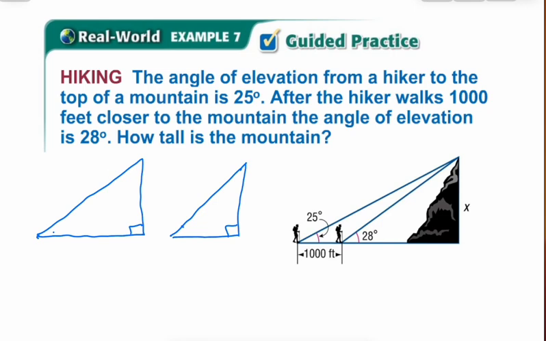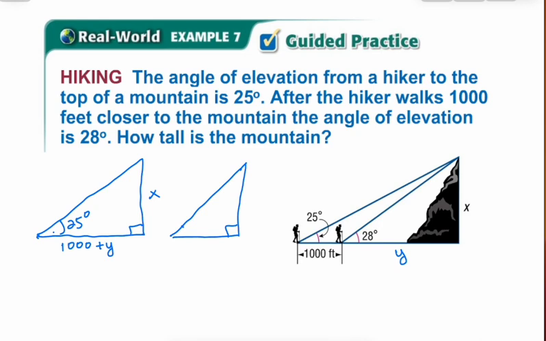Okay. So we need to label something. I'm going to label that with a Y. Okay, so let's go here. So our first triangle is this entire distance, 1,000 plus Y. And then there's an X. And then this was 25 degrees. Okay. So that's our first triangle.